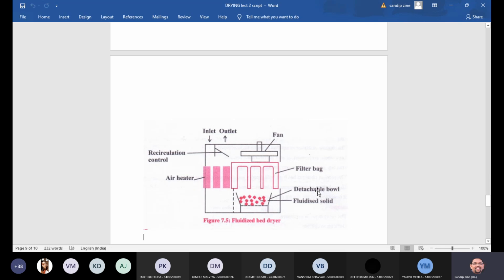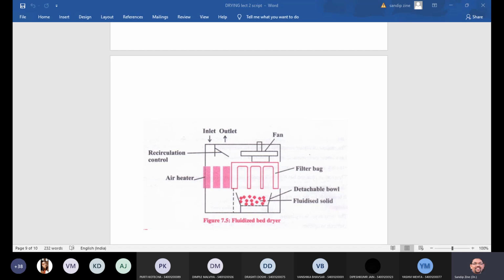So this is a detachable bowl. It may be a cylindrical or rectangular cross section, and it is used to load and unload the materials, isn't it?